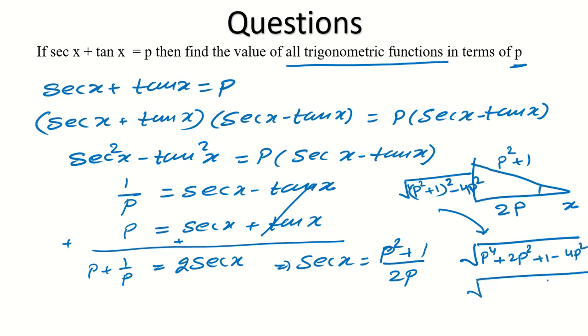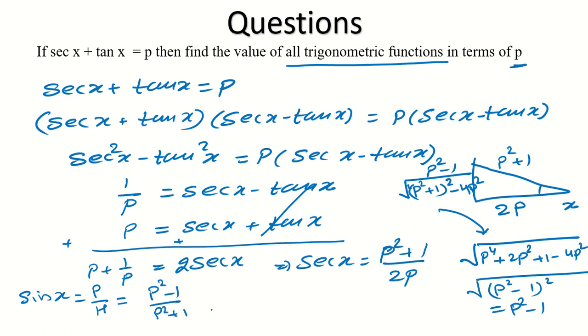So it will be square root of p square minus 1 whole square, means it will be p square minus 1. So this side is p square minus 1. So we can now find all our other trigonometric functions, like sin x is equal to what? It will be perpendicular upon hypotenuse, means p square minus 1 upon p square plus 1. Similarly, you can find other trigonometric ratios. Okay.